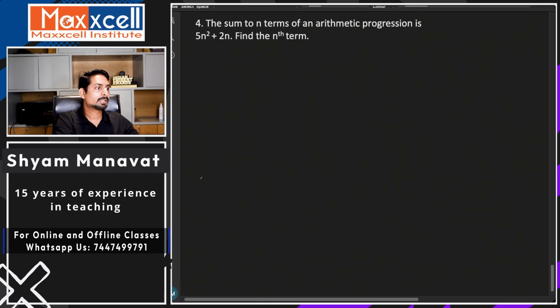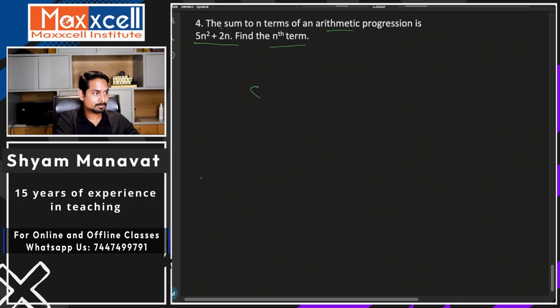Now in this question I am going to give you one more lesson. Please note down this lesson. Read the question first. The sum to n terms of an arithmetic progression is 5n square plus 2n. Find the nth term.